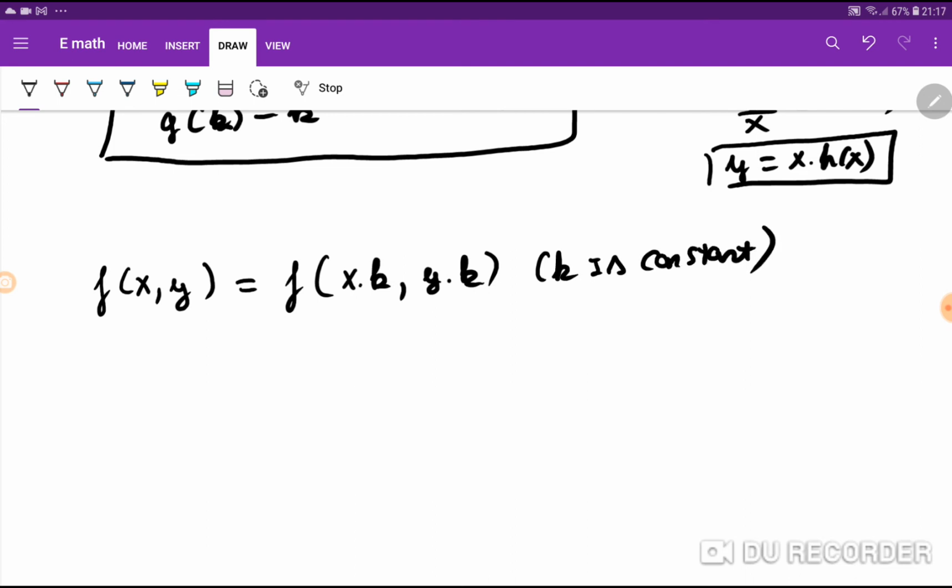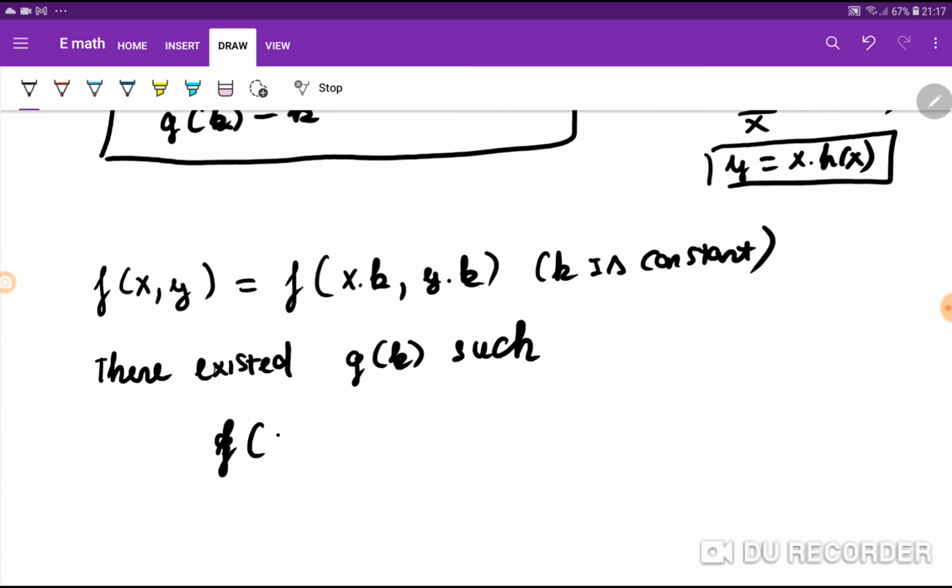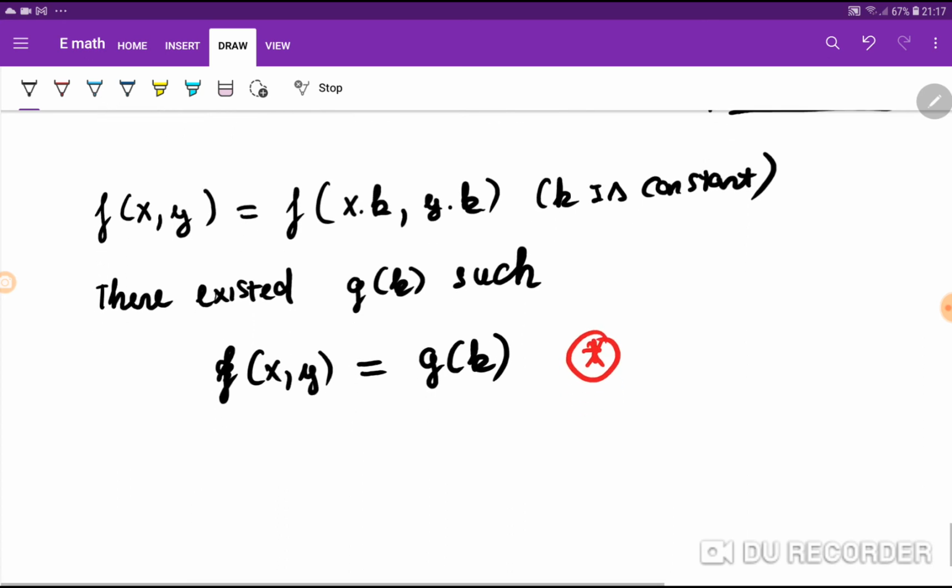I'm going to say that there exists g(k) such that f(x, y) equals g(k). Let's call this the star statement. How am I going to prove the star statement?